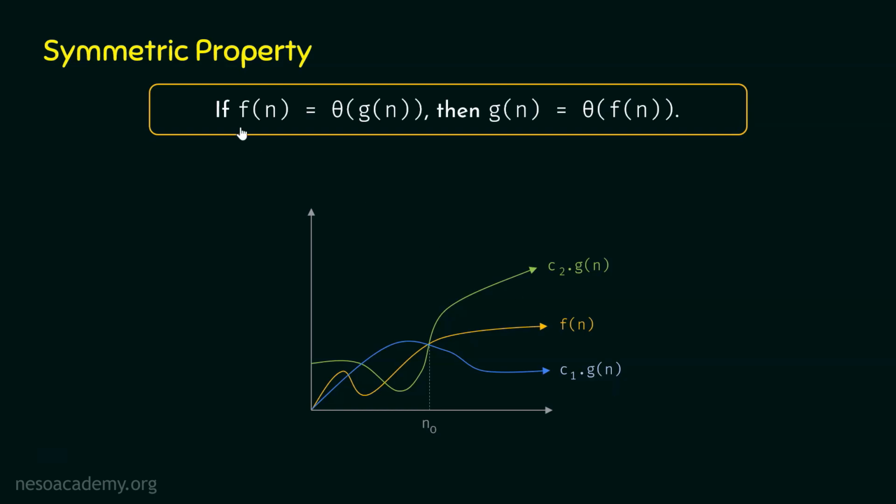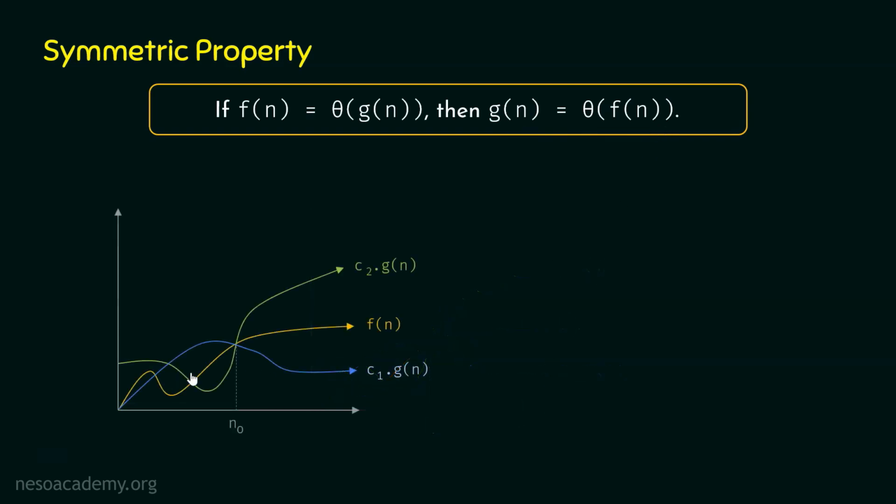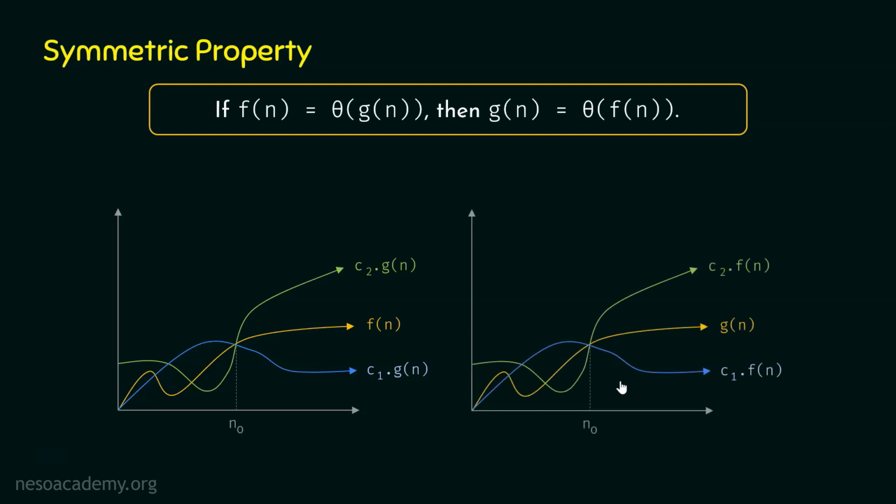Now we know f(n) is theta of g(n) from this graph. Let's try to draw the graph for g(n) equal to theta of f(n). Let's shift this graph over here, and here is the graph of g(n) equal to theta of f(n). We can observe here for some constants C2 and C1, f(n) can act as both the upper bound and the lower bound of g(n).